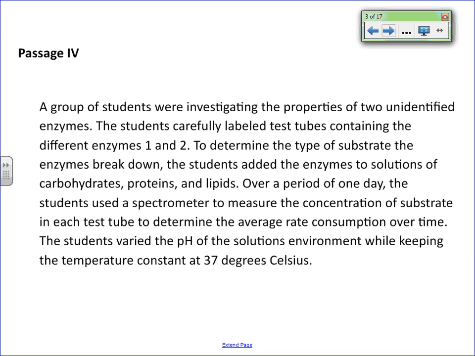All right, let's get started off with some vocab. There's probably quite a bit of vocab in here, which might trip us up. Let's go through some of these words. Enzyme. Spectrometer. Substrate.